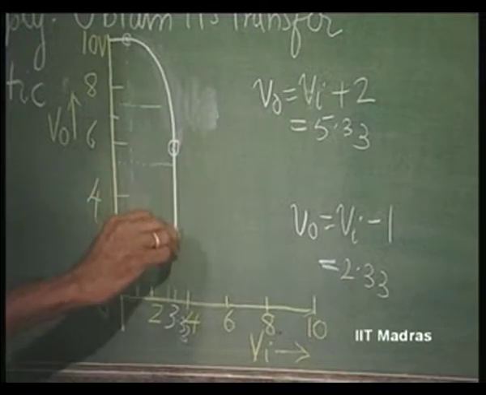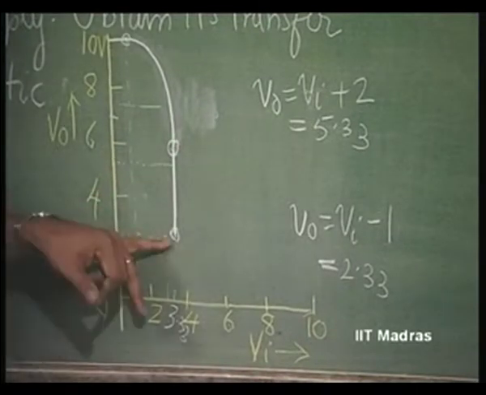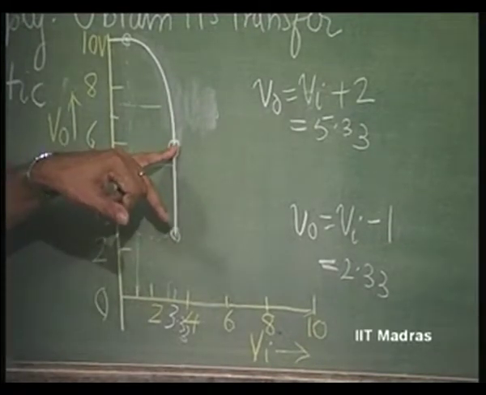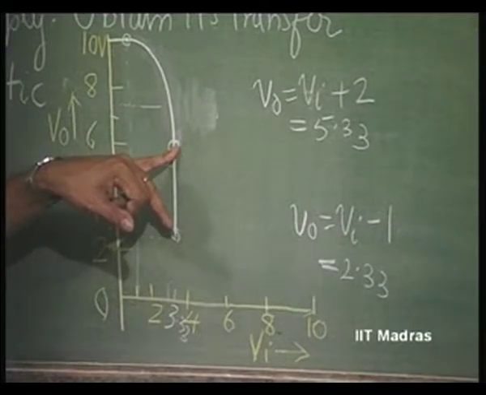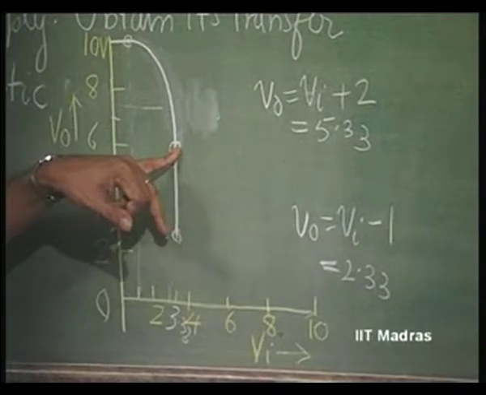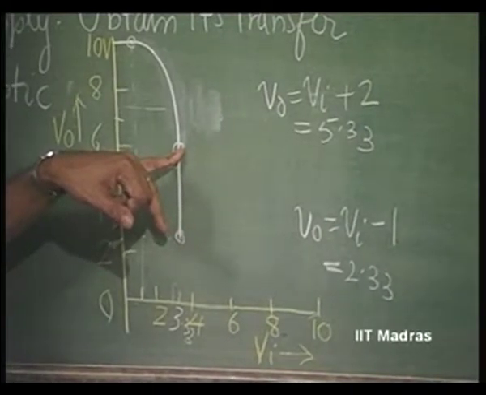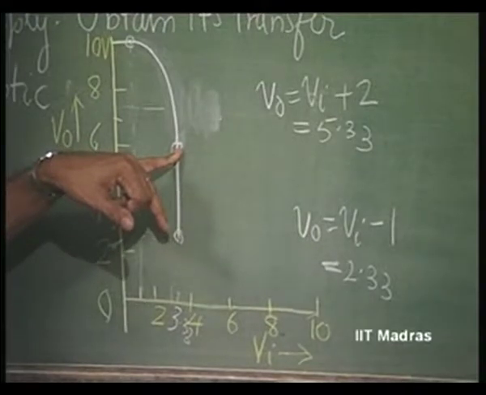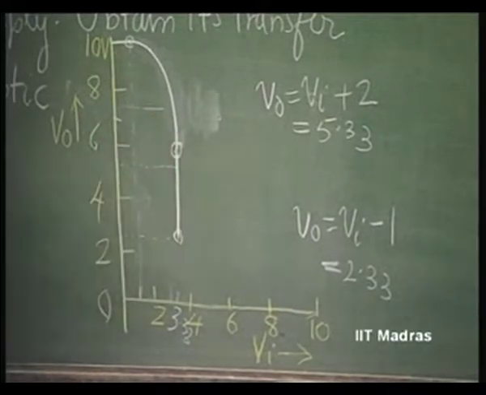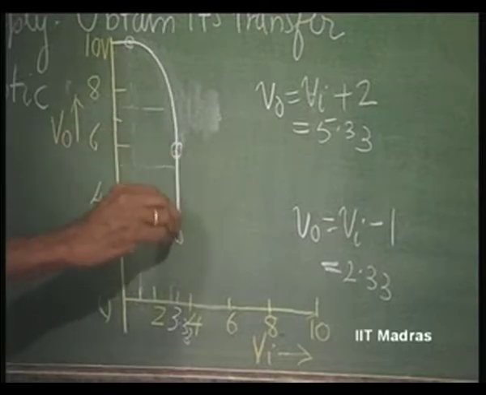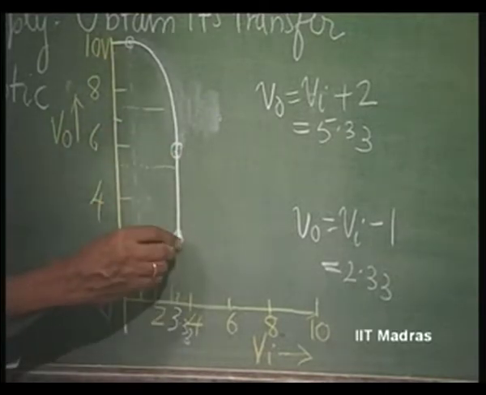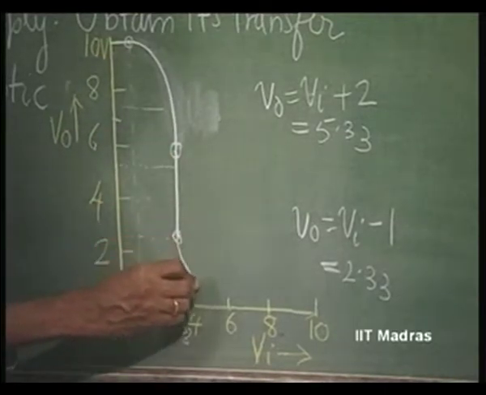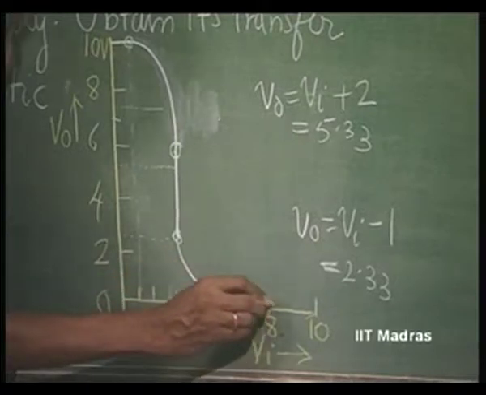So, this region from 2.33 to 5.33, for a region of 3 volts, which is strictly speaking magnitude of Vtn plus magnitude of Vtp, 1 plus 2, 3 volts here. It is having infinite slope. Thereafter, up to 8 volts.